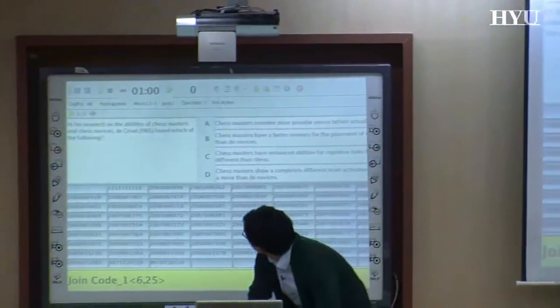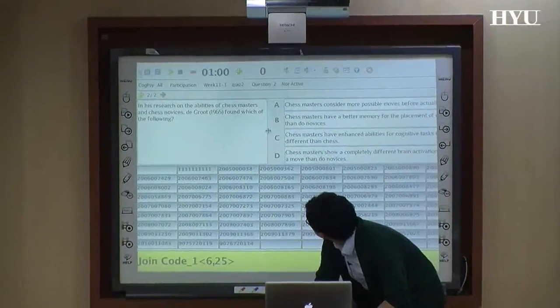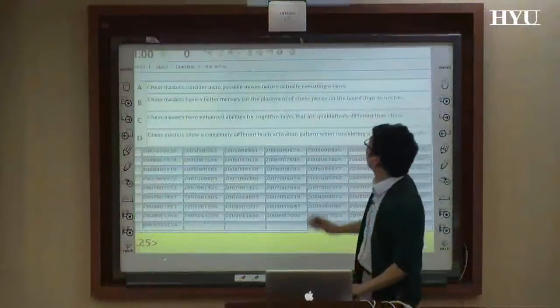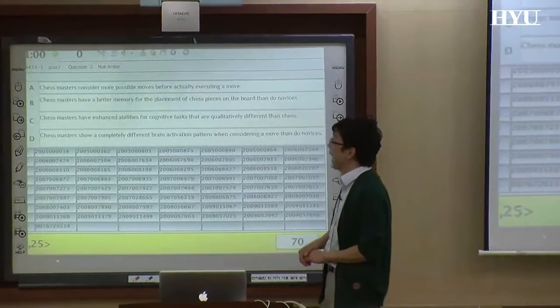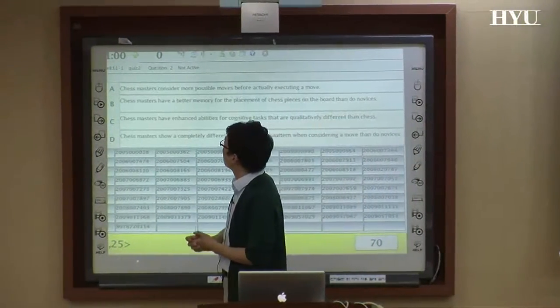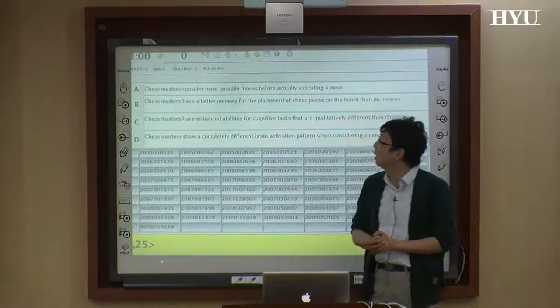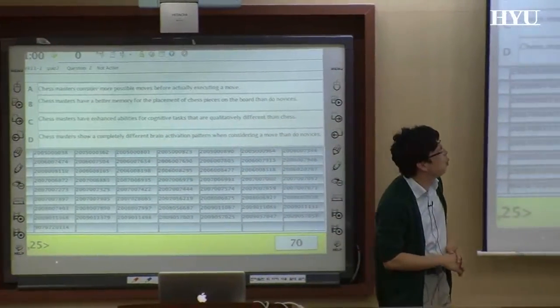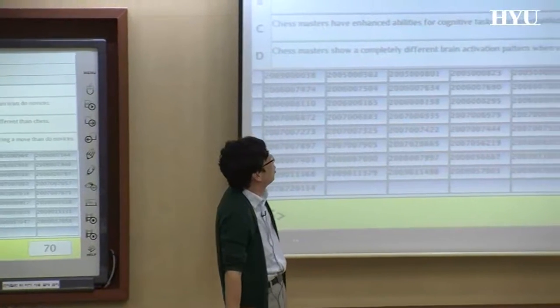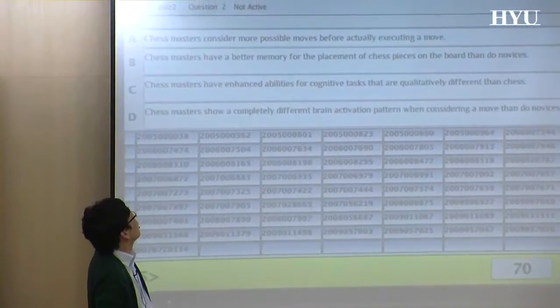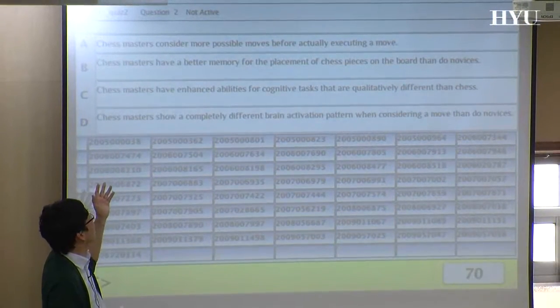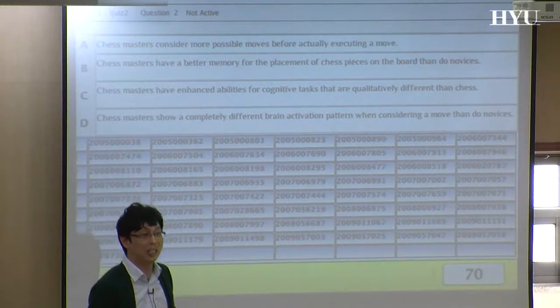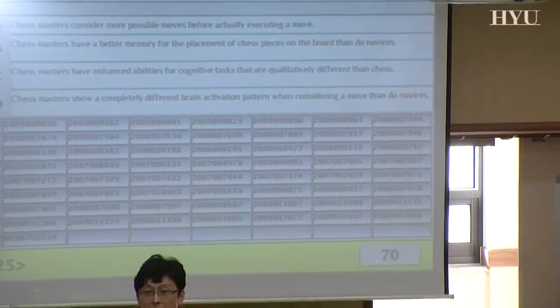Chess masters consider more possible moves before actually executing a move, or chess masters have a better memory for the placements of chess pieces on the board than novices do. Chess masters have enhanced ability in cognitive tasks, or chess masters show completely different brain activity in their blood level.